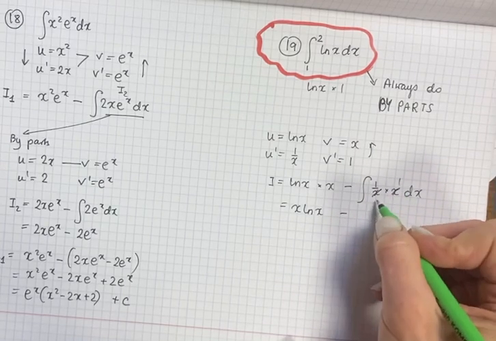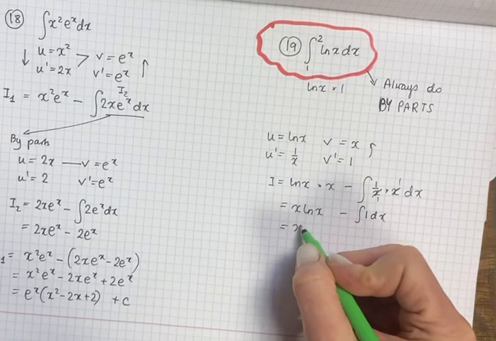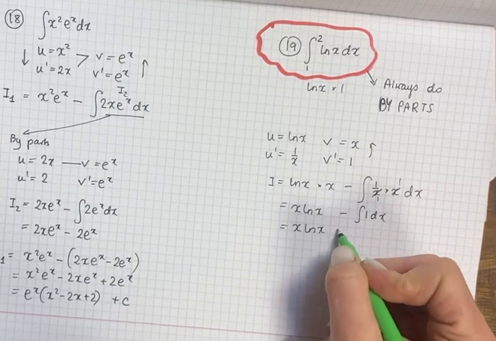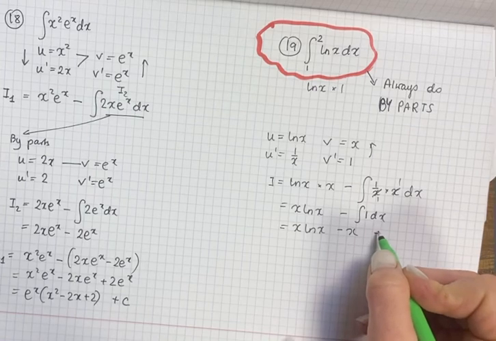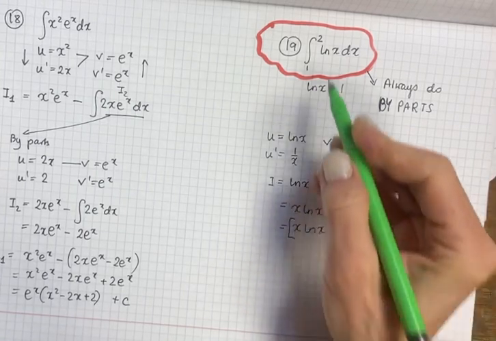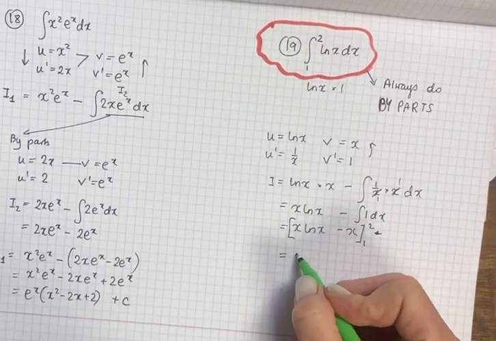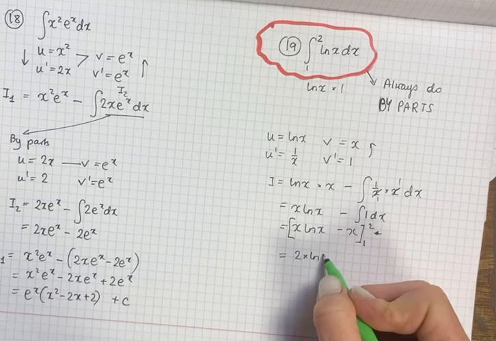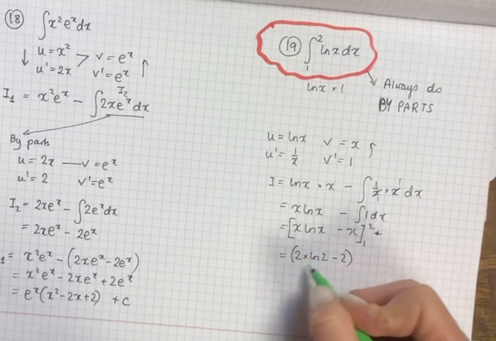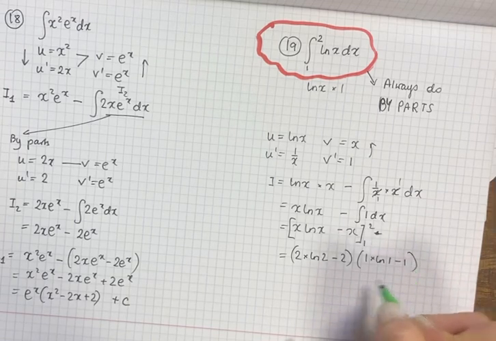These nicely cancel, so you've got the integral of 1. So it's x ln x minus x plus c if you didn't have the limits. We have the limits of 1 and 2. So put 2 in, 2 times ln 2 minus 2. And then 1 times ln 1 minus 1.